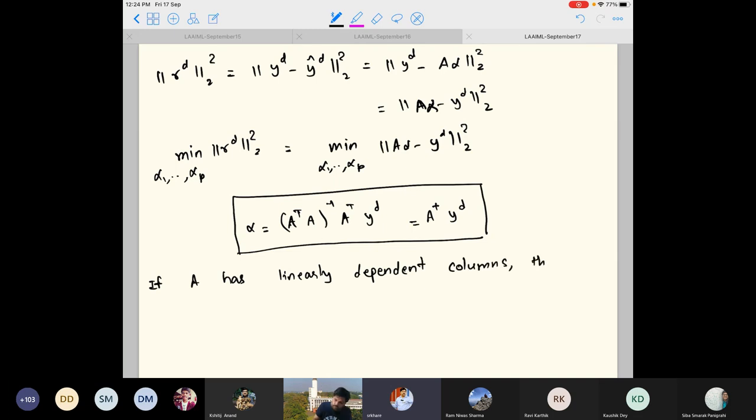So that two functions essentially map the set of xi's to similar yi's. Correct. So A has linearly dependent columns. Then what does it mean?